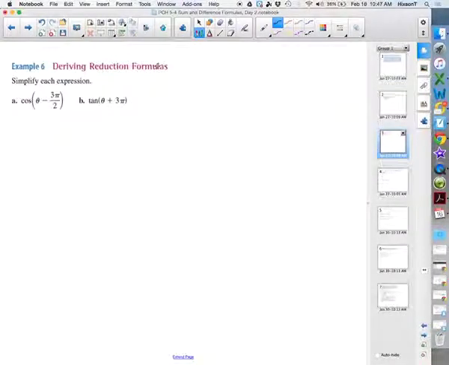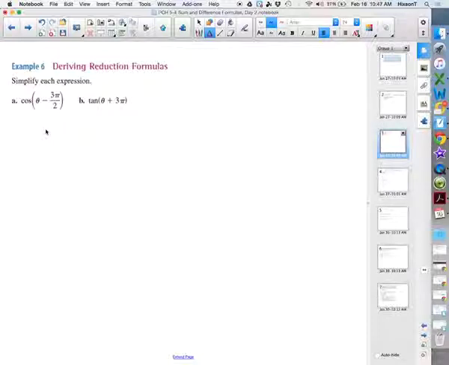Okay, so I do want to look at two other examples here. Here we have the cosine of theta minus 3 pi over 2. Now as we look at cosine of theta minus 3 pi over 2, notice it says here we're deriving reduction formulas.